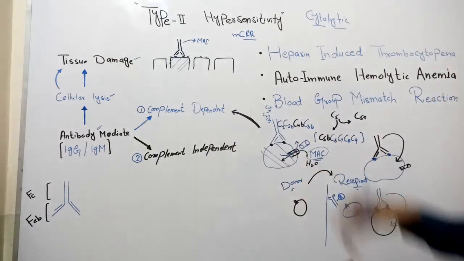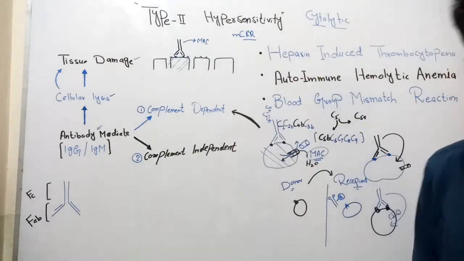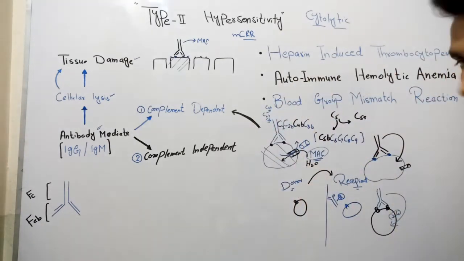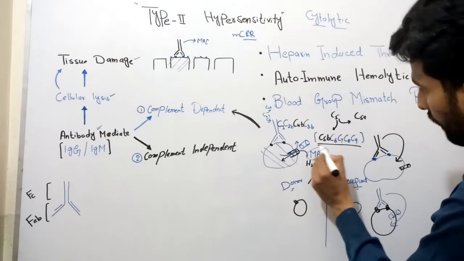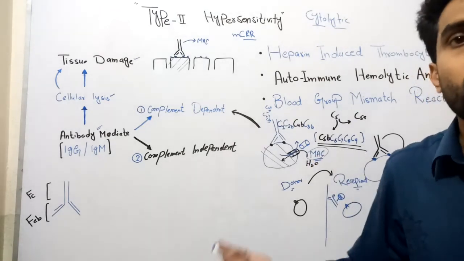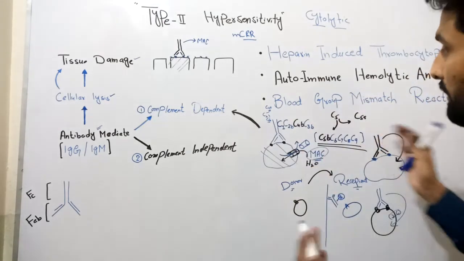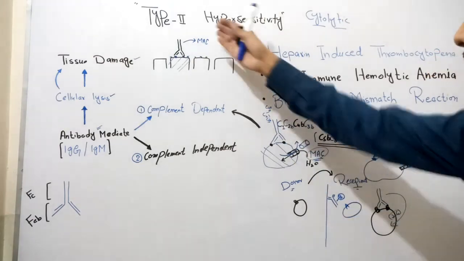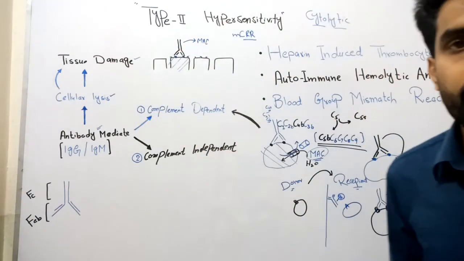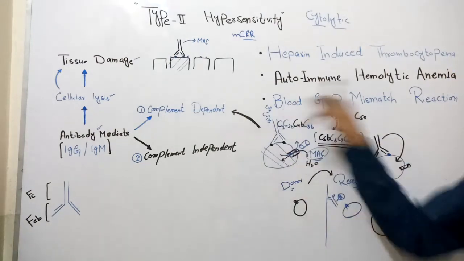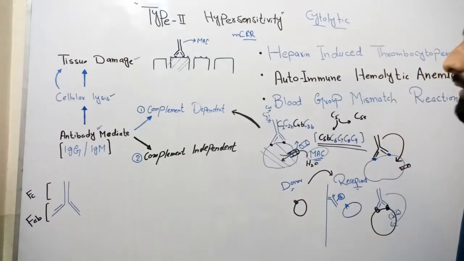They stop the conversion of C4 into C4a and C4b. So once all these conversions are stopped, do you think the membrane attack complex will be formed? Obviously, it will not be formed. And once it is not formed, how can these antibodies destroy these nucleated cells? Because the complement system is not involved. So this type of destruction will be called complement independent.